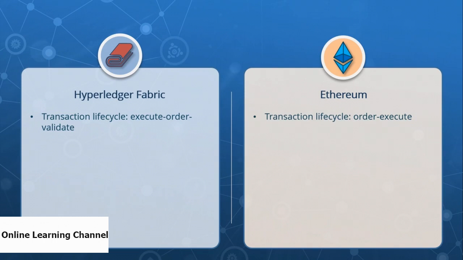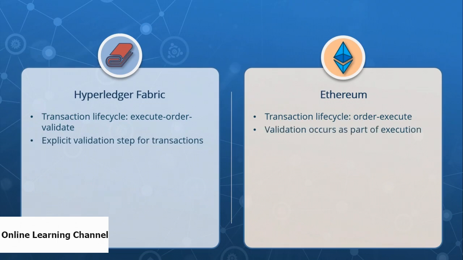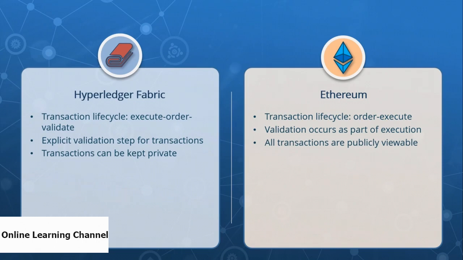When it comes to processing transactions on Fabric, there is an explicit validation step, whereas in the case of Ethereum, the validation occurs as part of the execute step. On Fabric, transactions can be kept private as discussed previously, whereas in Ethereum, all the transactions are publicly viewable by not just the members of the Ethereum network, but by the general public.